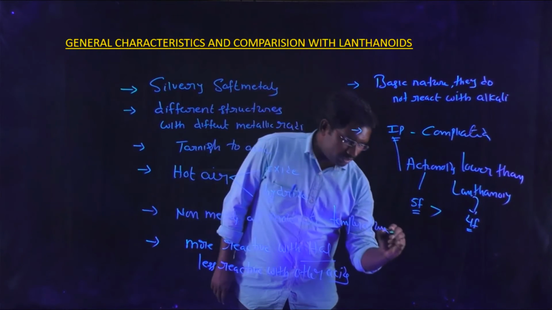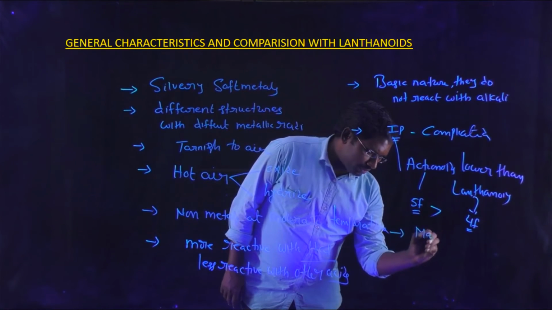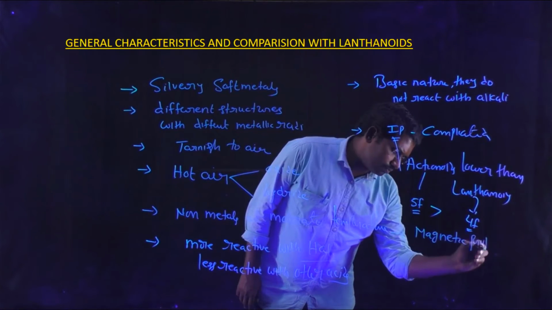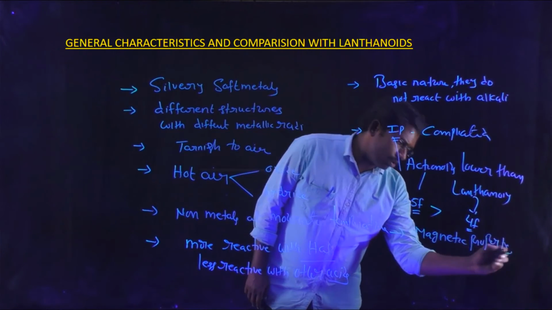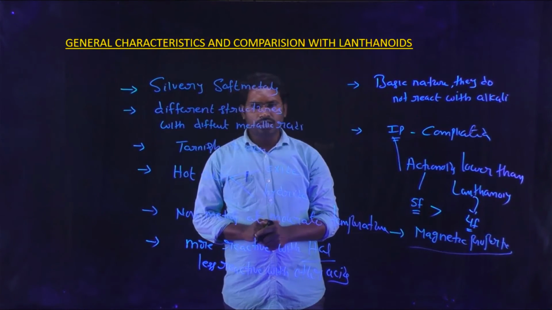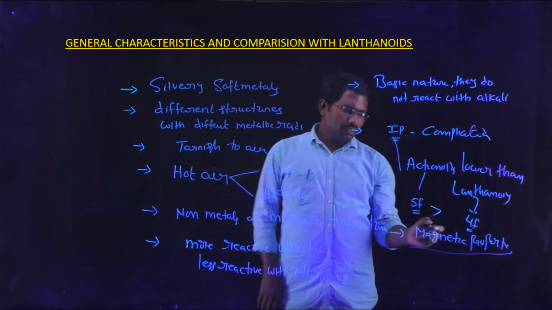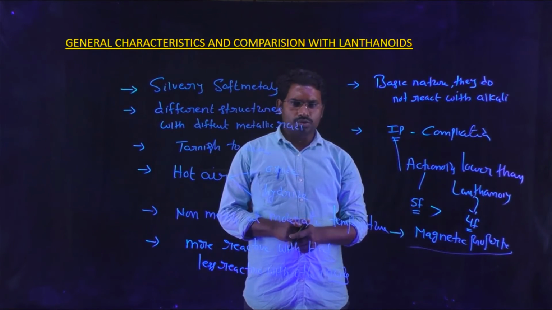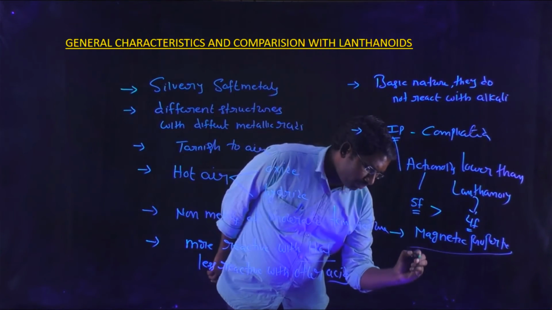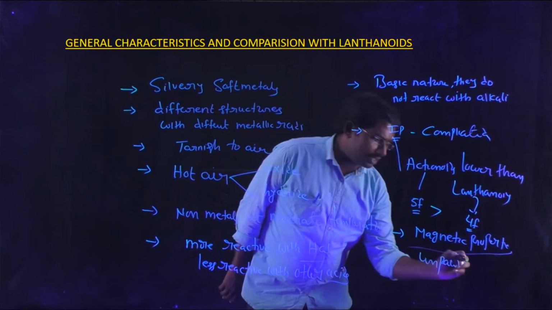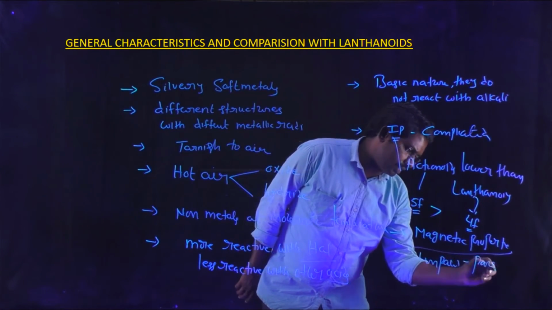So, coming to the magnetic properties. The magnetic properties of actinoids also cannot be determined well. How can we define the magnetic properties of d block elements? If they have unpaired electrons, they exhibit paramagnetic character.